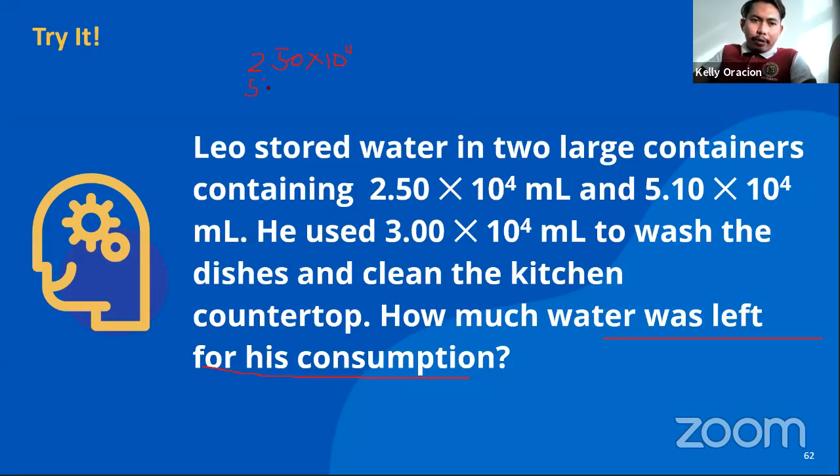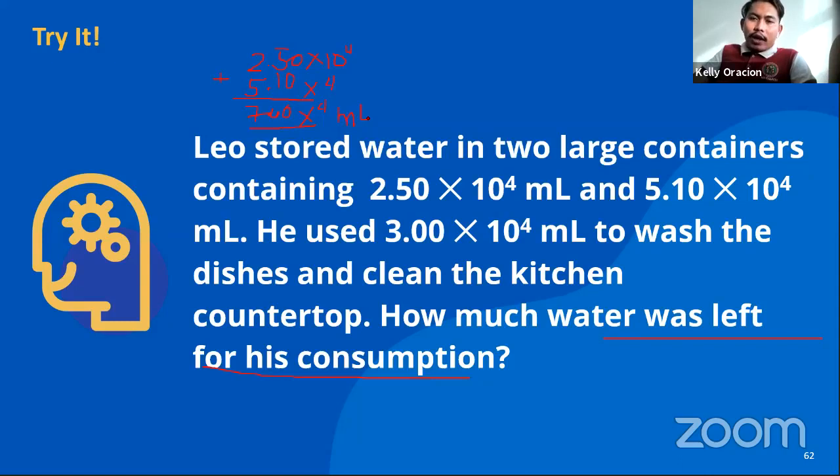Kasi ito yung water na na-store. Now, if you're going to add them, that's 7.60 times 10 raised to 4. Okay? Ito yung water na na-store ni Leo.